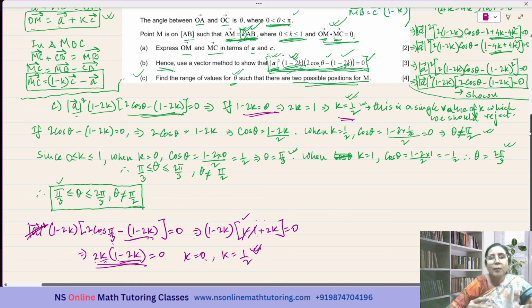Pi by 3 is 60 degrees, 2 pi by 3 is 120 degrees. Between 60 and 120 degrees, leaving the 90 degrees, you may take 75 degrees, you may take 105 degrees. Every time you will see two possible values of k, which is needed for getting two possible positions of m.